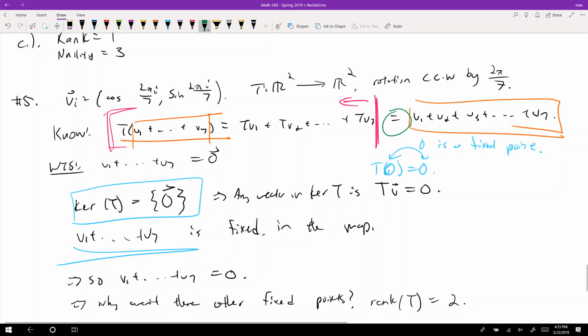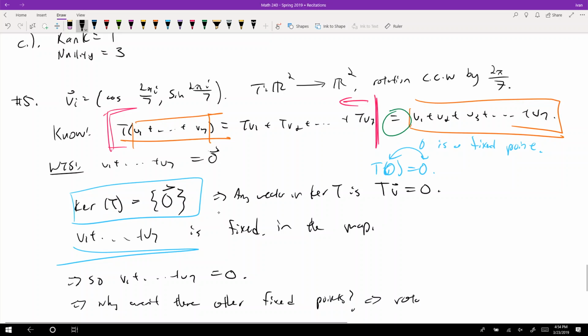It doesn't matter because V1 goes to V2, V2 goes to V3, V3 goes to V4, V4 goes to V5, and then V7 goes to V1. That's the hard part. I guess this rank argument isn't technically correct, but why are there no other fixed points?